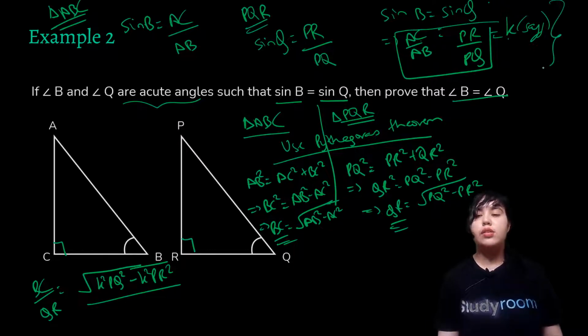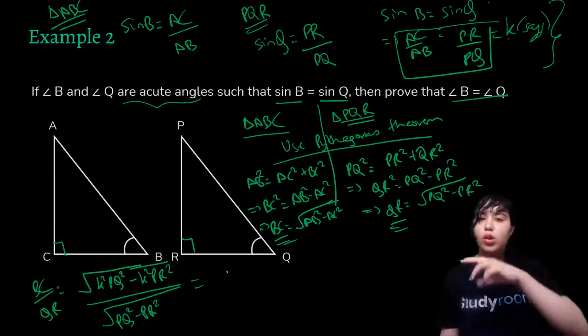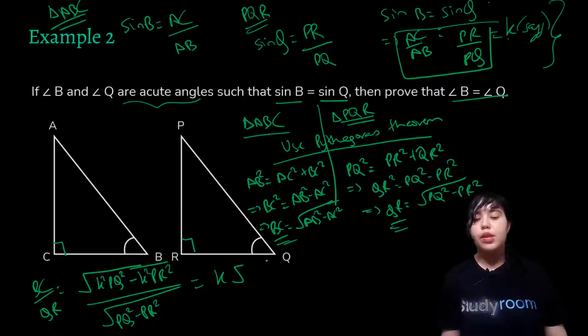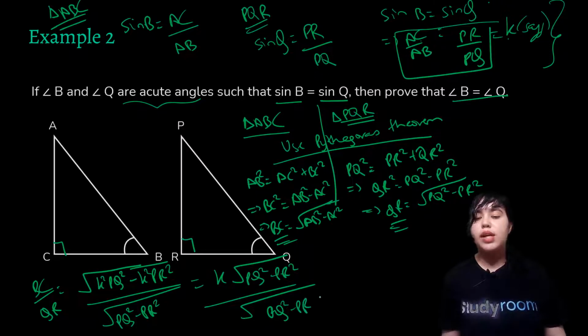It's coming from here. Upon, for QR, I keep this intact, PQ square minus PR square whole under root. Now in this numerator, I can take K square common, and if I pull out that K square, it will become K. So K under root PQ square minus PR square upon under root of PQ square minus PR square. Obviously these two terms cancel, you get K.